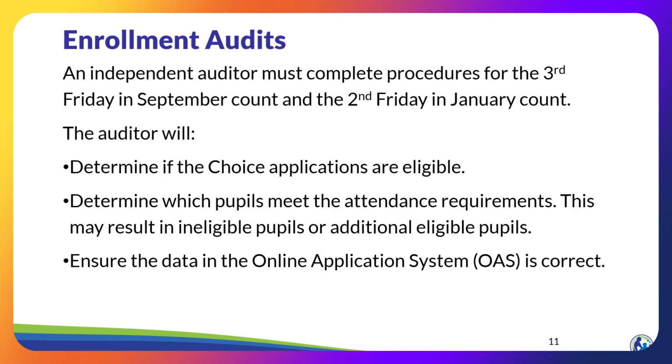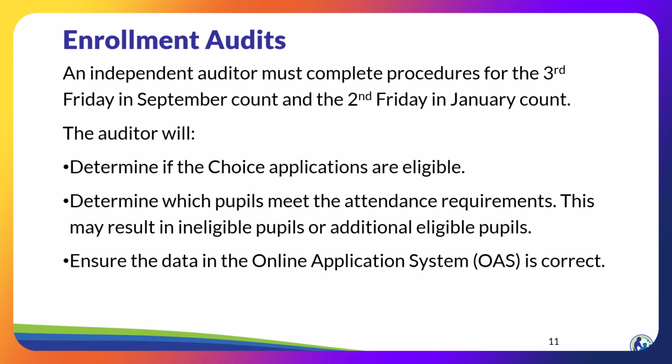The due date for the second Friday in January enrollment audit depends on the programs your school is participating in. For schools participating in the Wisconsin and Racine programs, it is due the first weekday in May. For schools that only participate in the Milwaukee program, it is due the last weekday in June.